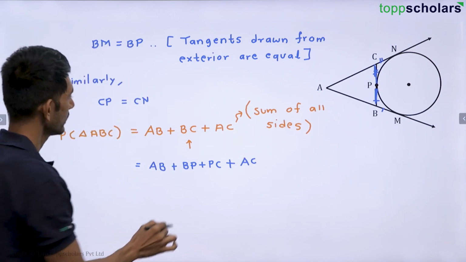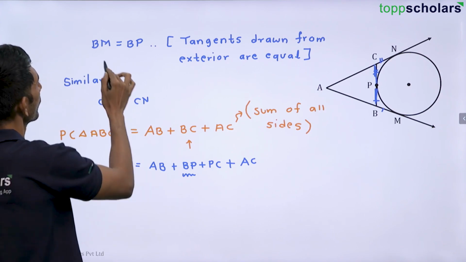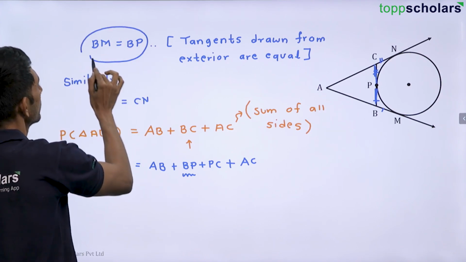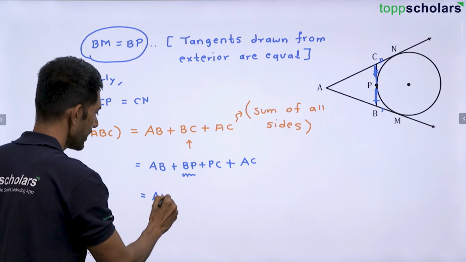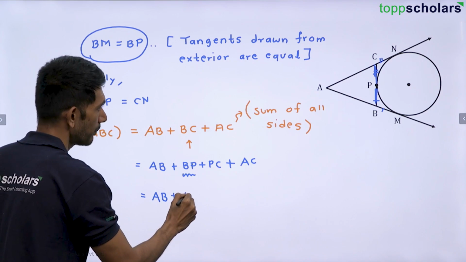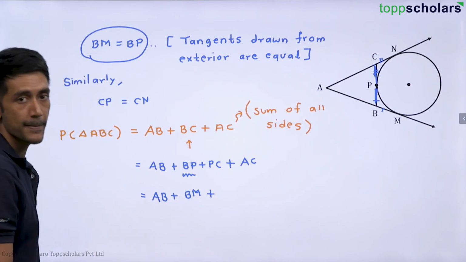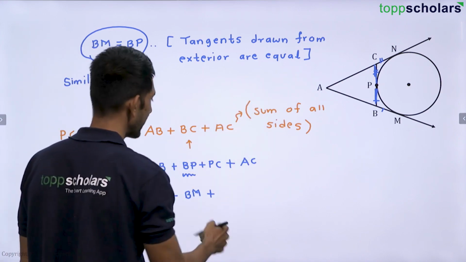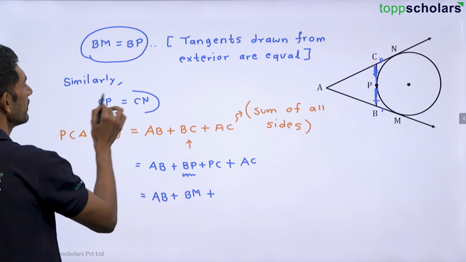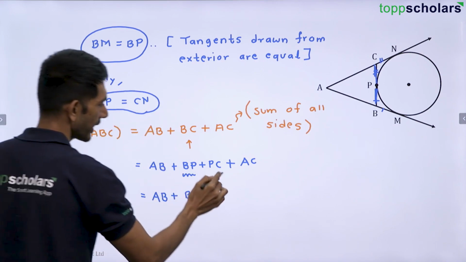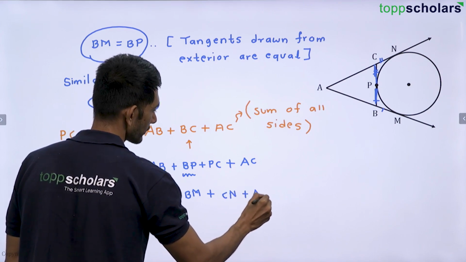But observe, can I say this BP is equal to BM? So instead of BP, can I write down BM? So this becomes AB plus BM plus PC. But what is PC equal to? PC is equal to CN. So can I write down PC as CN plus AC?